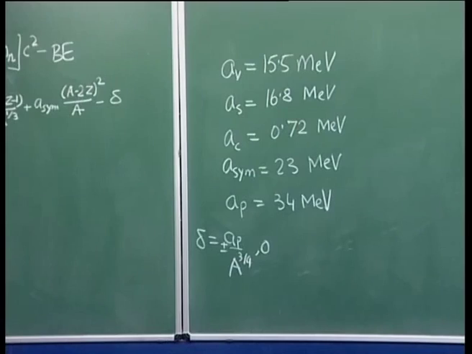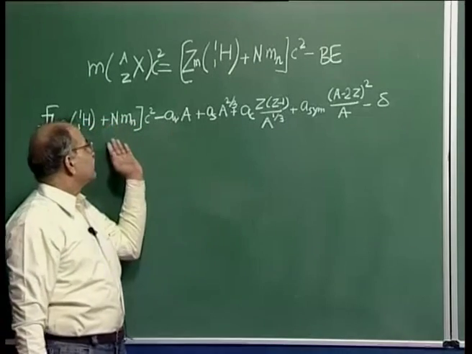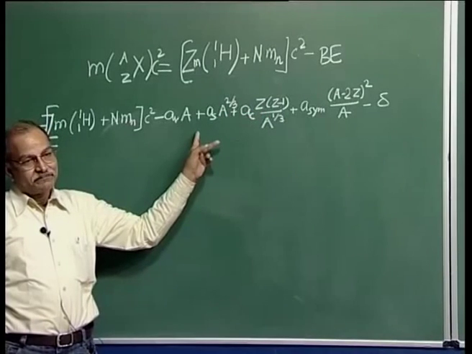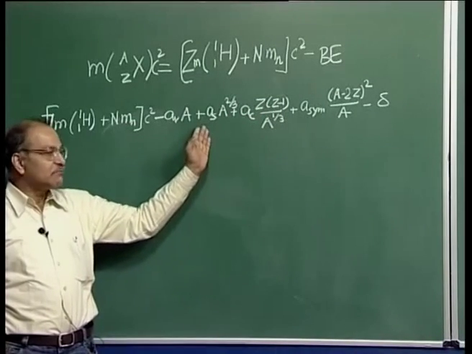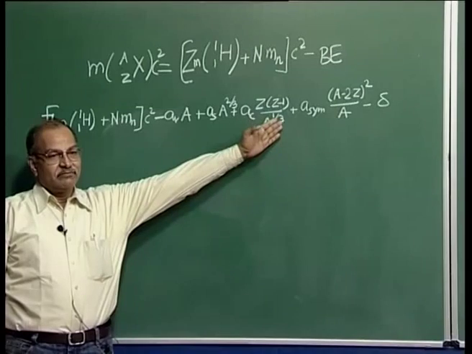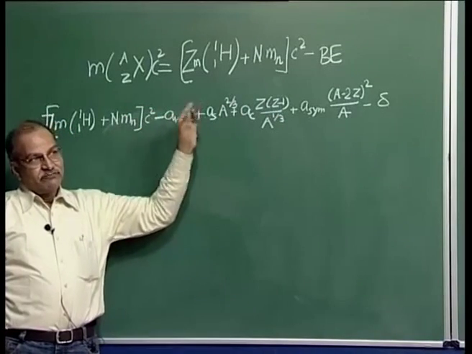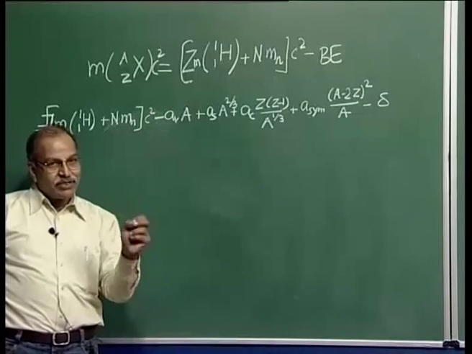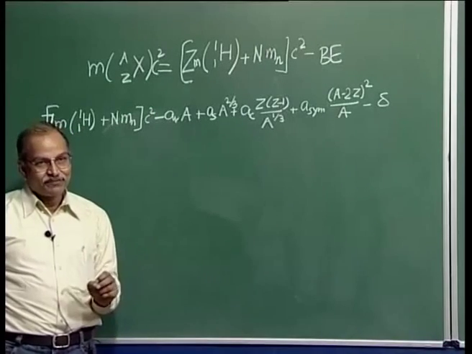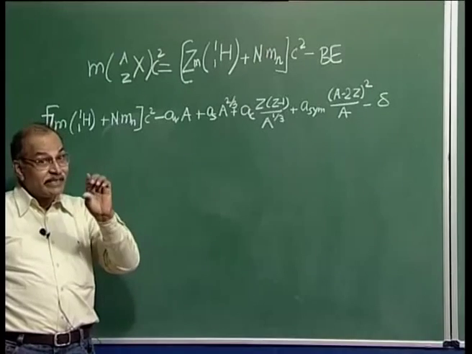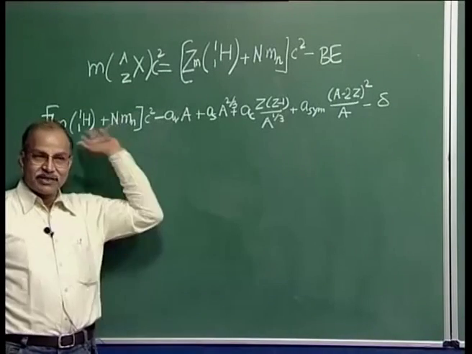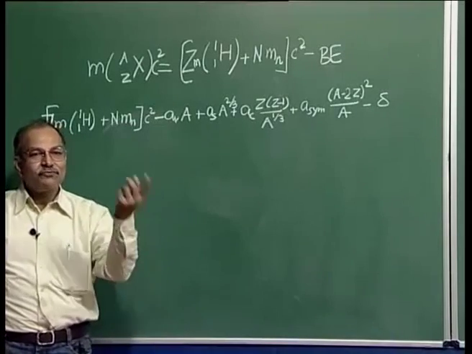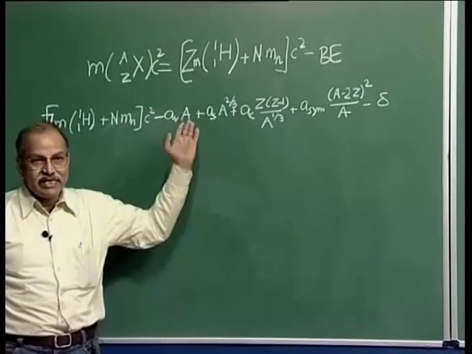So, what I have done is I have written this mass as a function of Z and capital A, the total mass number, and the atomic number. The idea is, for a given A, what should be the neutron number and the proton number, that I want to know. So A is constant, and then the proton number I will vary; the neutron number will anyway vary because A is fixed.